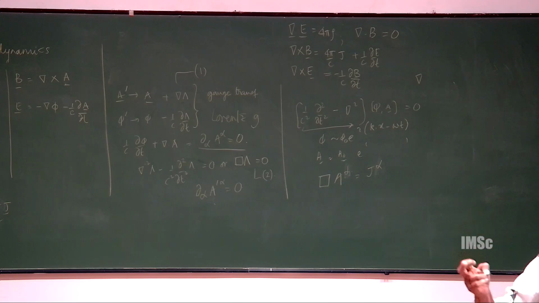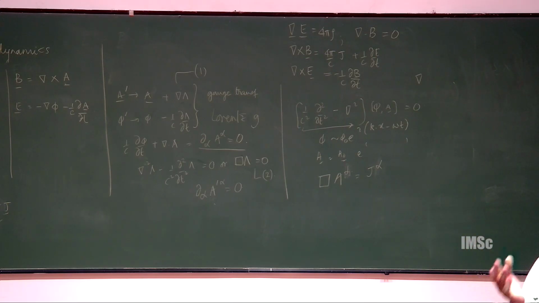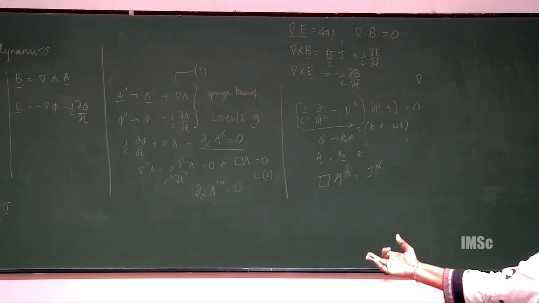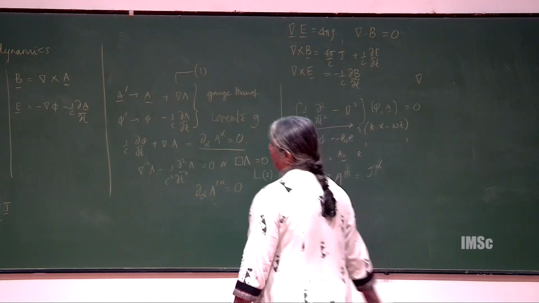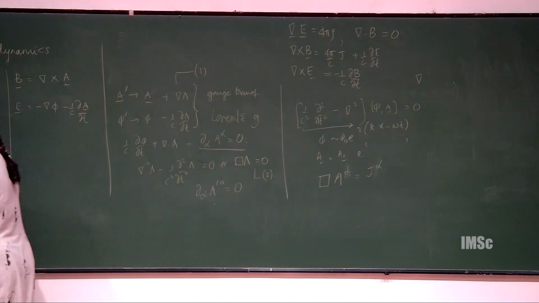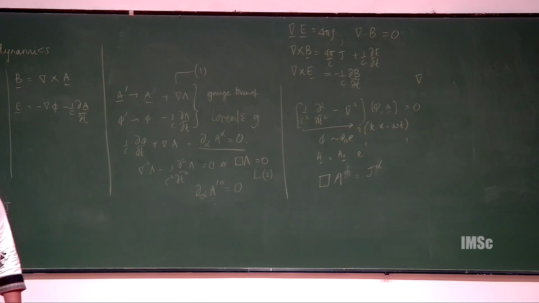You will see it later when you talk about relativistic quantum mechanics that this massless particle which has only 2 spin degrees of freedom will have to have 2 constraints to remove the other 2 degrees of freedom. Okay. So far I have only talked about these inhomogeneous equations. These homogeneous equations we keep forgetting, but we will come back to them later, and I will take it up in the next class.